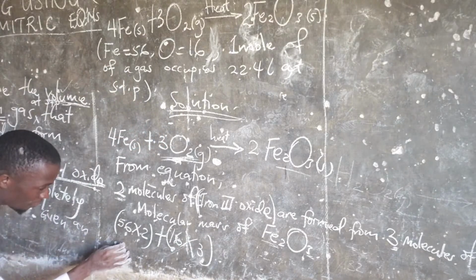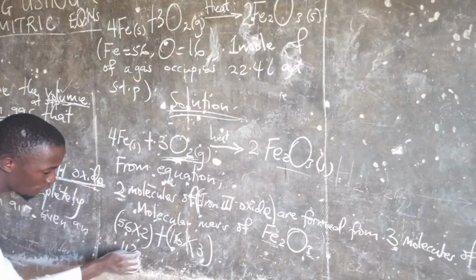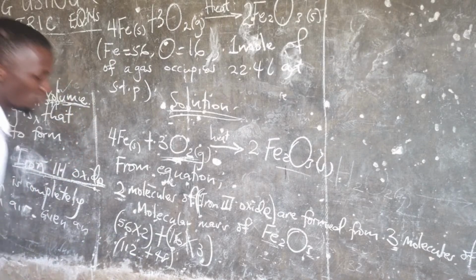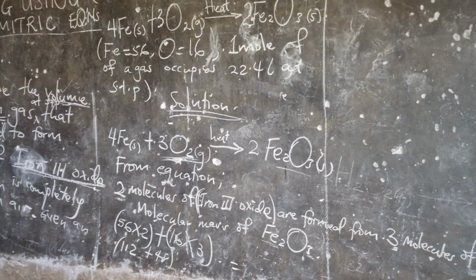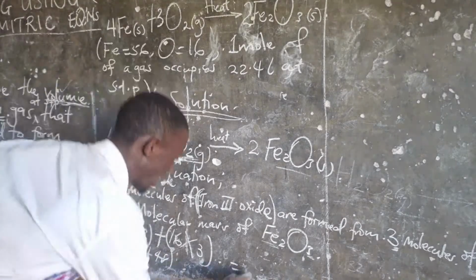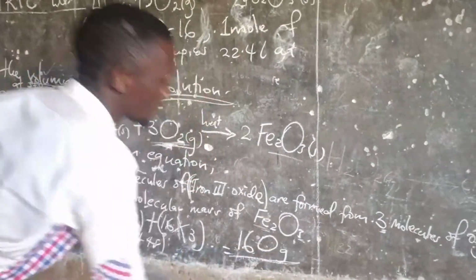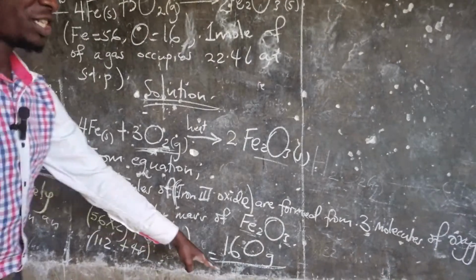So we shall have 112 plus 48. What did we get? People are getting 160 grams. Remember, we said this is the standard mass we need to use.